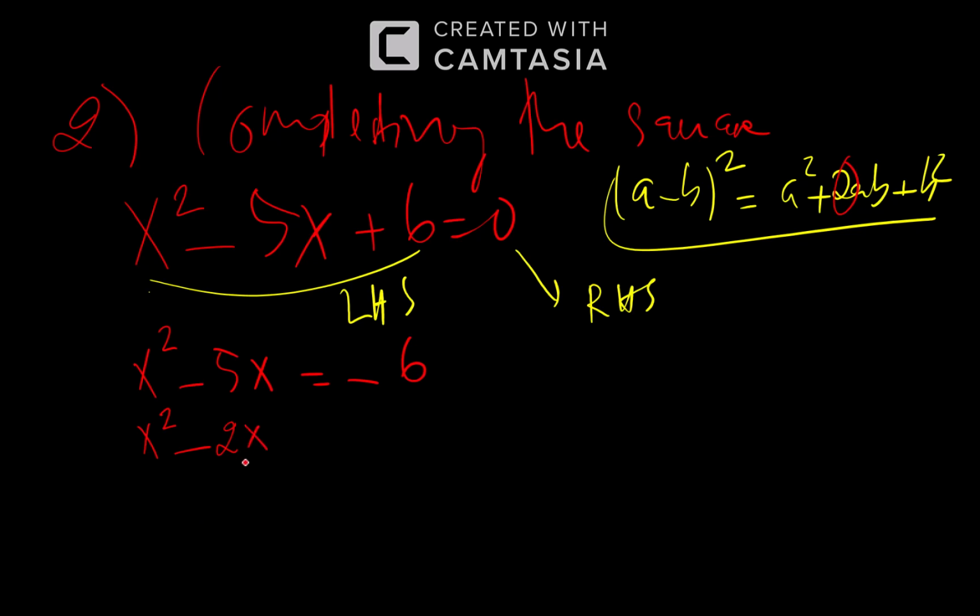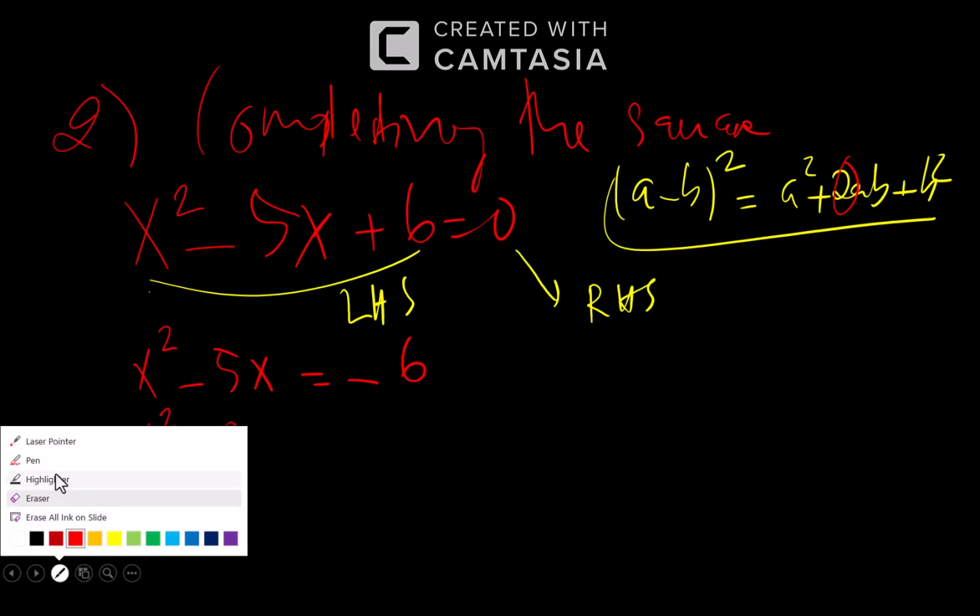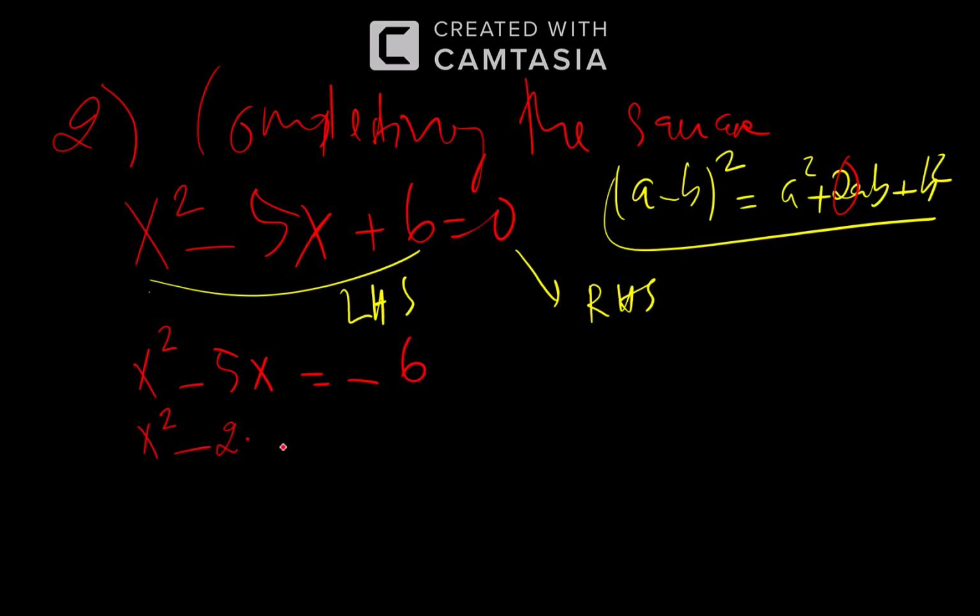Then x squared minus, in our formula there's the number 2, so we put the number 2 here. 2 times x is equal to 2x, but here it's not 2x, it's 5x, so we put 5 divided by 2. So 2 times x times 5 divided by 2 is equal to 5x.